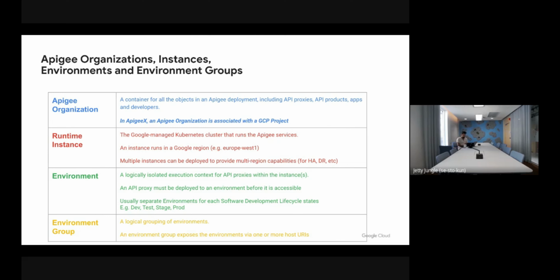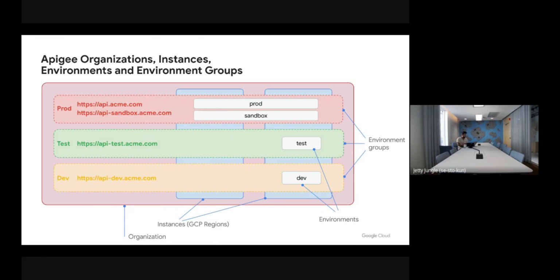So if we look at these concepts within one picture, the outer box that you see is an Apigee org or organization. And within that, you have, in this example, 3 environment groups: production, test, and dev, each accessible through a URL that we have defined within that environment group.